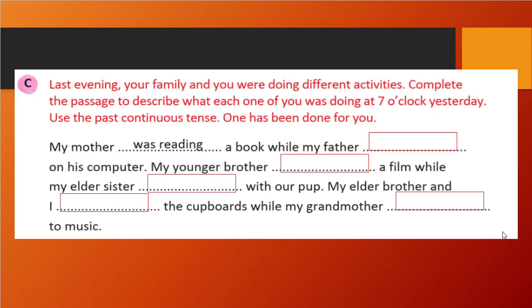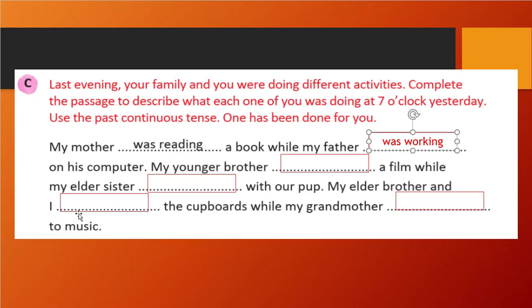My mother was reading a book while my father blank space on his computer. So, book is there, that means what you can do with a book, you can read. So, was reading is there. While my father blank space on his computer. So, working is the appropriate one, so was working. My father was working, you can write.